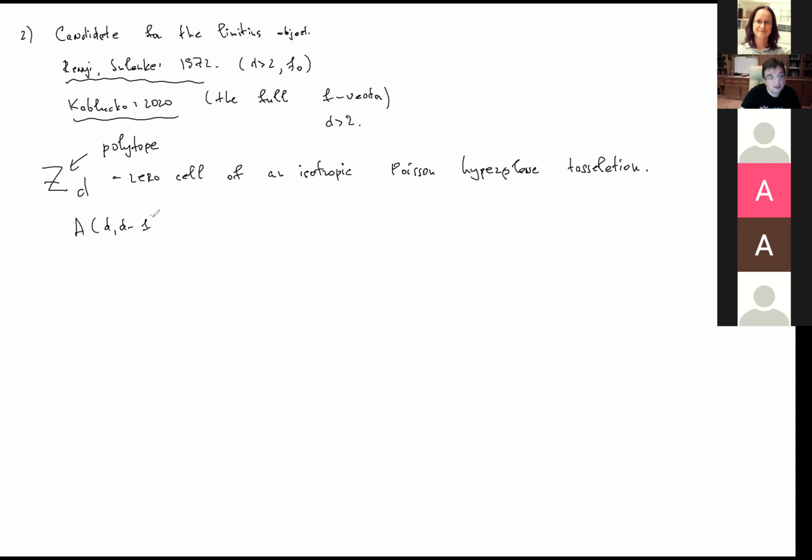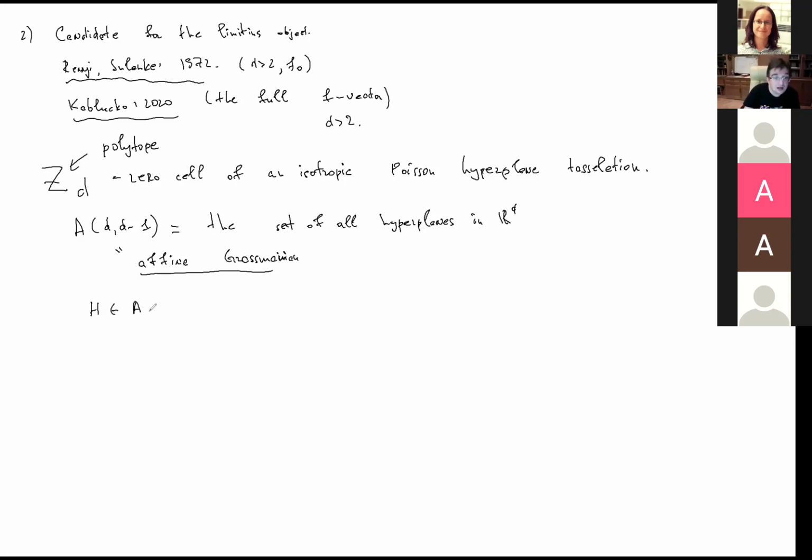By this notation, for me, this is the set of all hyperplanes in R^d. And this is also called the affine Grassmannian. But you can just think of it as the set of all hyperplanes in R^d, because Grassmannian means some additional topological structure.